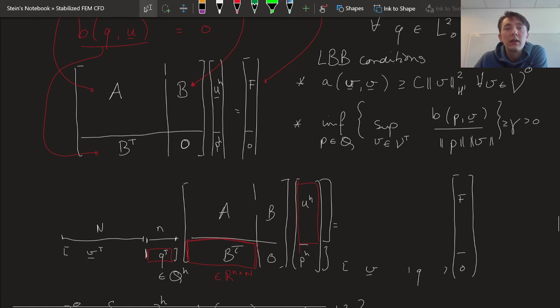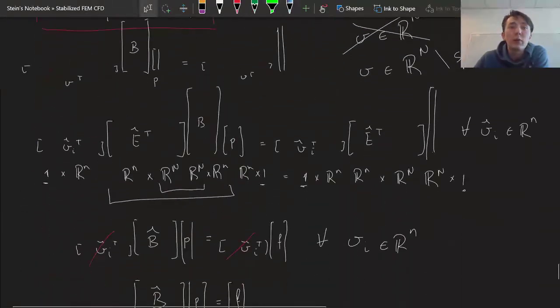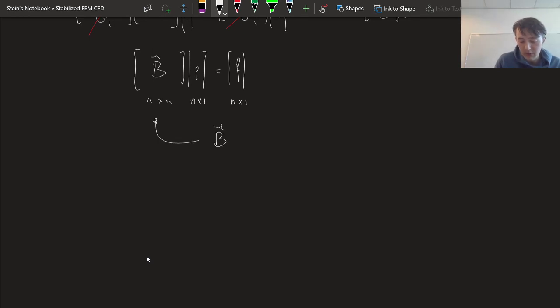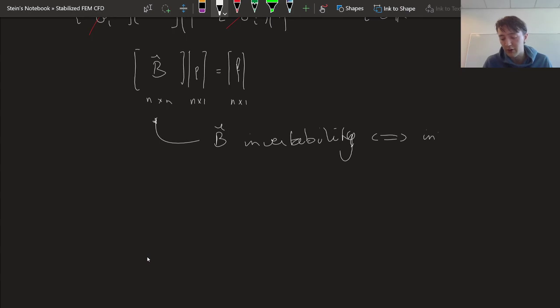That was the condition that's going to give us a well-defined pressure field. And now, after all this rewriting, we understand that it has to do with the invertibility of B. So the invertibility of B somehow has to do with that funny inf-sup condition.